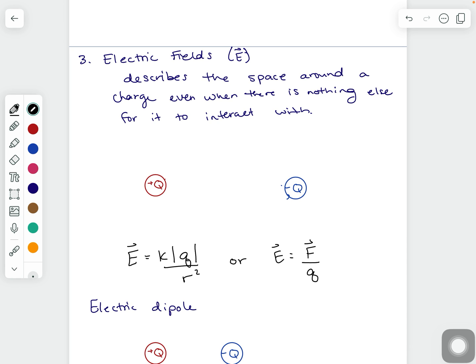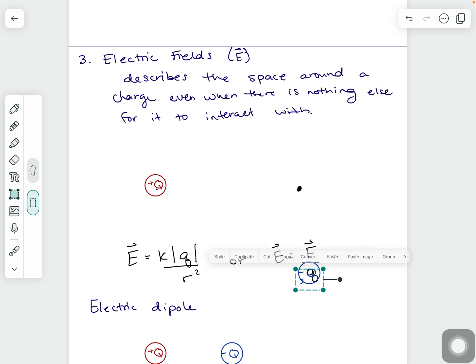So if I wanted to know the electric field of positive Q at this place instead of the force, maybe I'm given the force between these two objects, and to figure out the electric field at this point in space, we would divide out the negative Q. You wouldn't actually divide by negative Q, you would just divide by Q. All right.